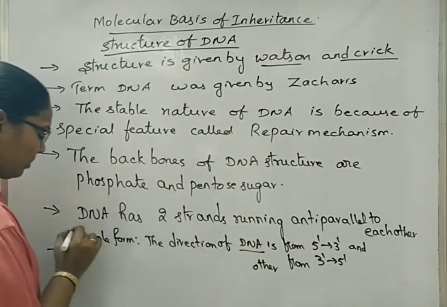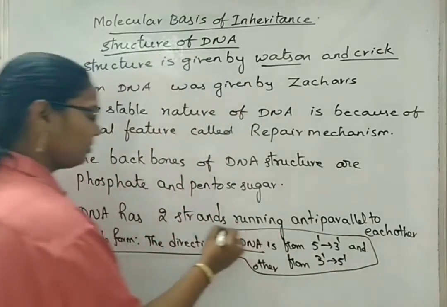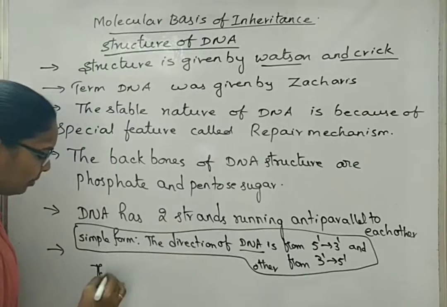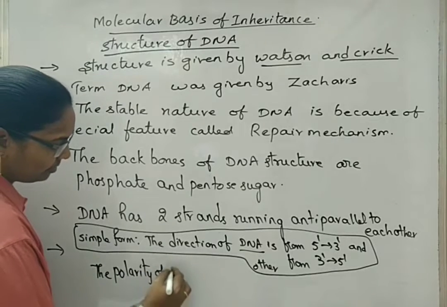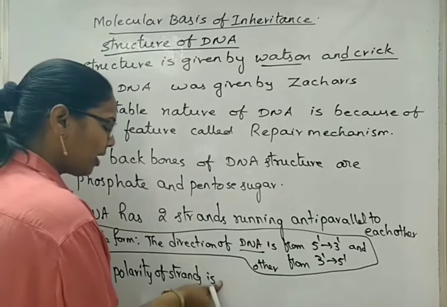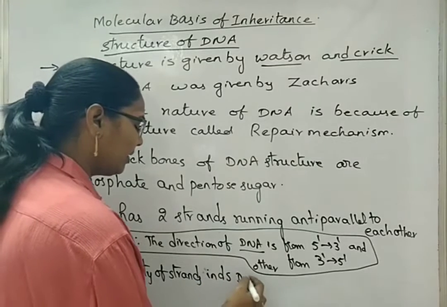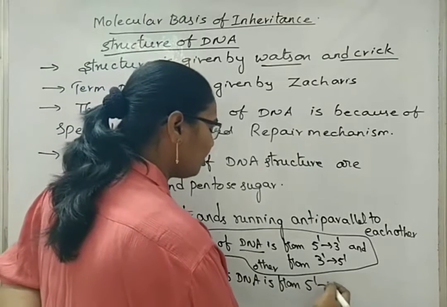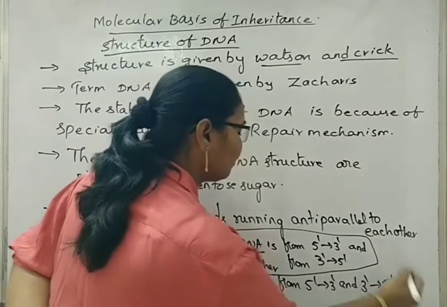Now the same sentence we will learn in another way, that is, the polarity of strands in double-stranded DNA is from 5' to 3' and 3' to 5'.